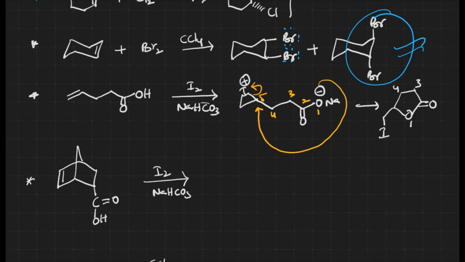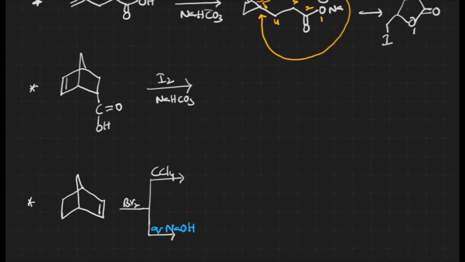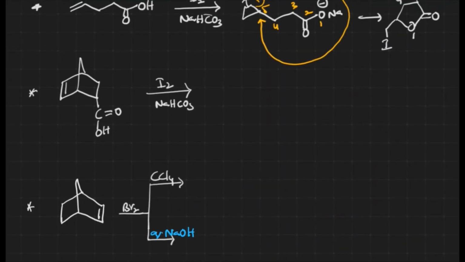Next, the same thing here also, a bit different. What is this now? In the first step, the acid part reacts with the base and cyclic halonium ion formation takes place. When it takes place, we get the cyclic halonium ion and salt.